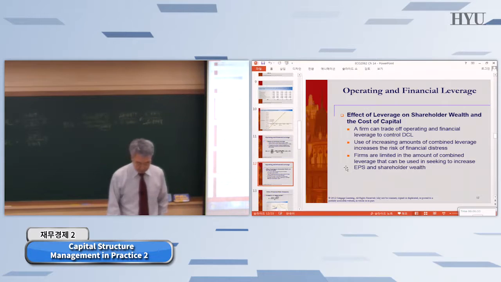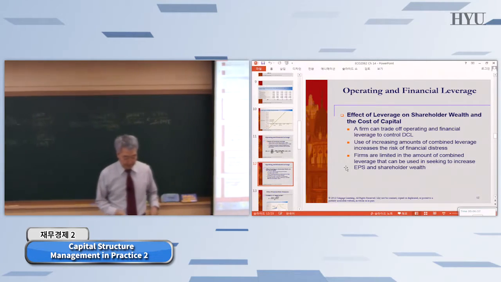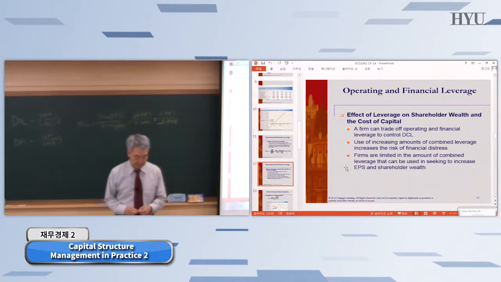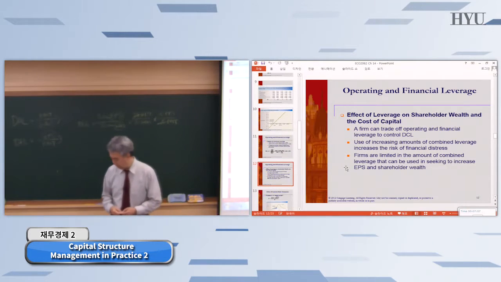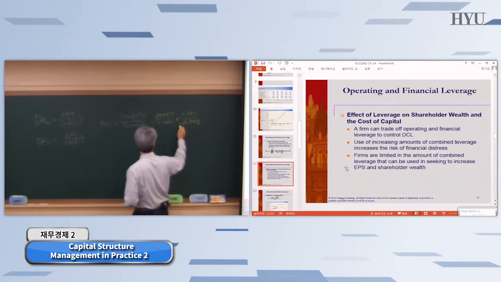Here are a few comments about the DCL. A firm can trade off operating and financial leverage to control DCL, because DCL is DOL times DFL.